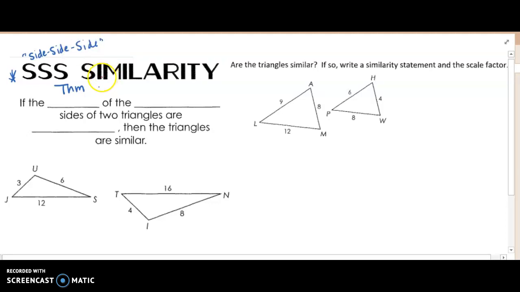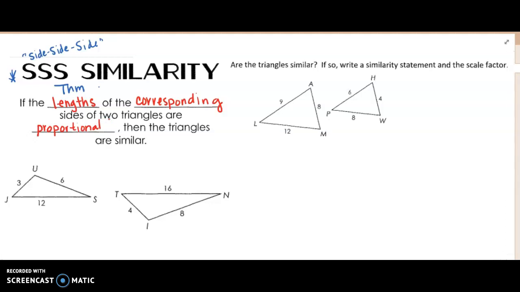This theorem tells us that if the lengths of the corresponding sides of two triangles are proportional, they have the same proportion, then the triangles are similar. So in this theorem, we need to know nothing about the angles. All we have to do is check proportions among the sides.